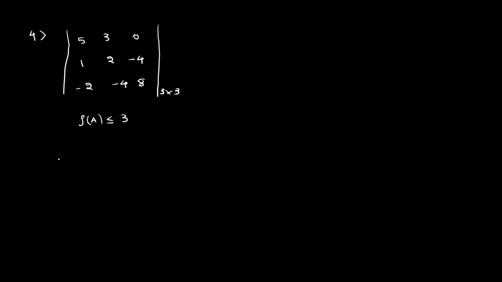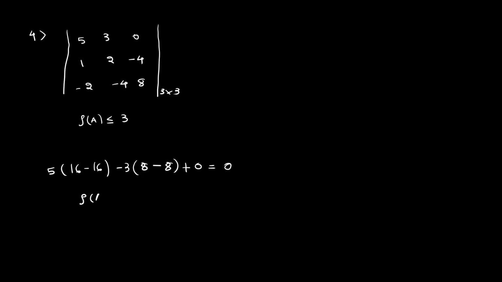So first we will find the determinant of this matrix, that is equal to 5 into 16 minus 16, minus 3 into 8 minus 8, plus 0. So this is equal to 0.